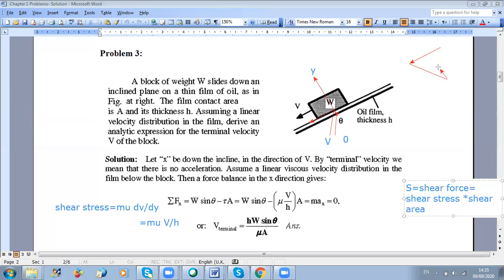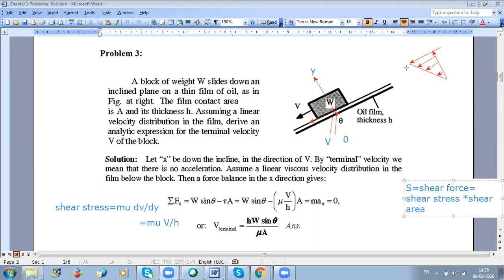So you have an increase in velocity. It starts from 0, it will increase, and in general for constant viscosity we have a linear increase in velocity.